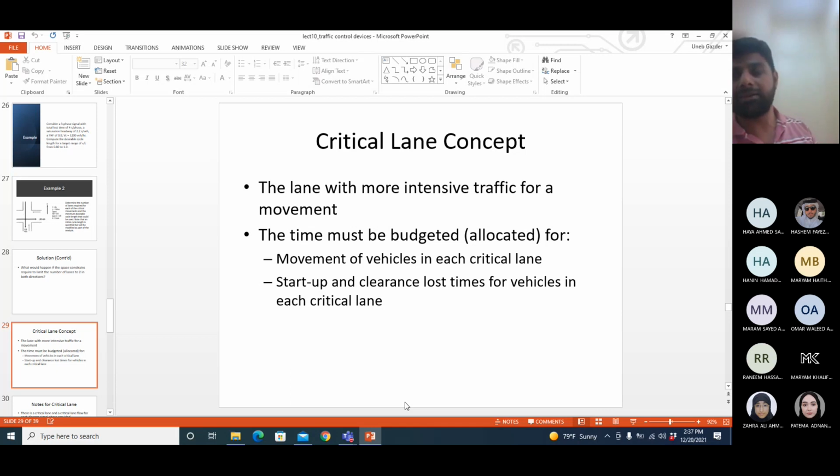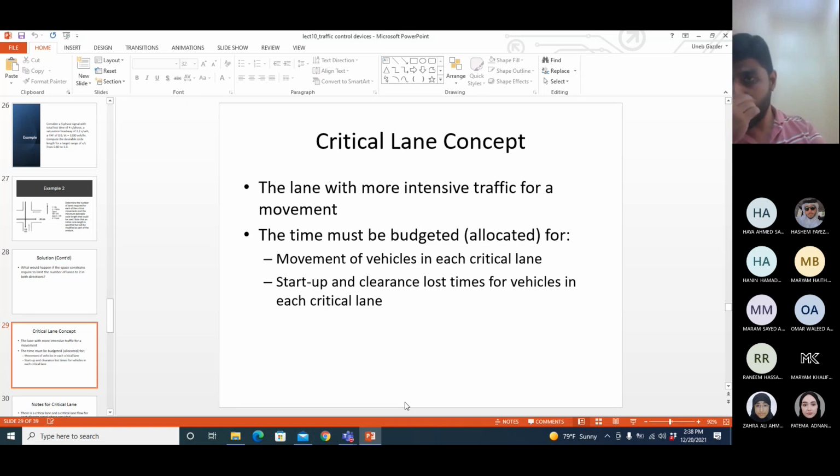The other direction has a critical lane which has 600 vehicles volume. So obviously 500 will have less time out of 80 and 600 will have more time out of 80 seconds of cycle length. Okay, so division of cycle length into different phases is again according to the volume of the critical lane of that phase.